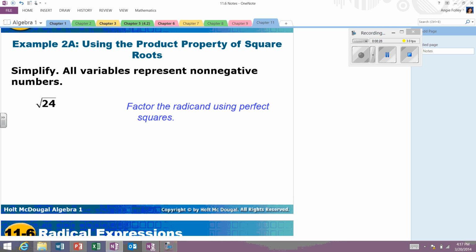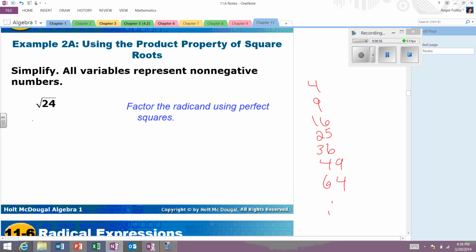Okay, so to simplify, what you want to do is separate out the numbers into as many of the greatest perfect squares that you can. So remember those perfect squares I said? 4, 9, 16, 25, 36, 49, 64, and so on. We want to check, what's the biggest one that goes into the number under the radical?